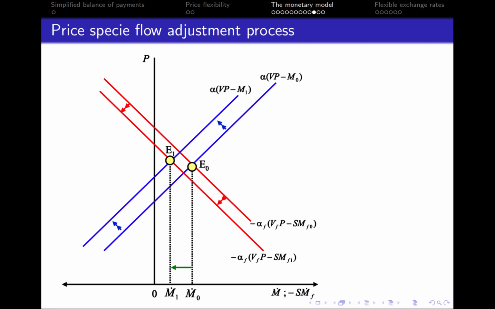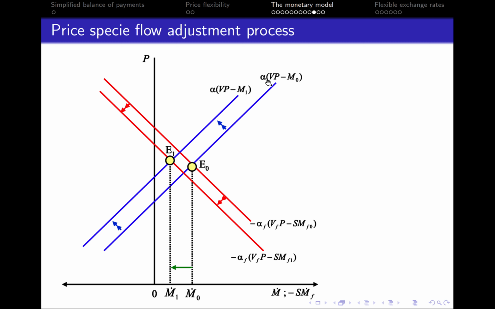But look, the important thing to mention over here is that this effect on prices is undetermined. Look, it actually depends on the relative strength of alpha and alpha f. If alpha is higher than alpha f, the price level is going to increase.